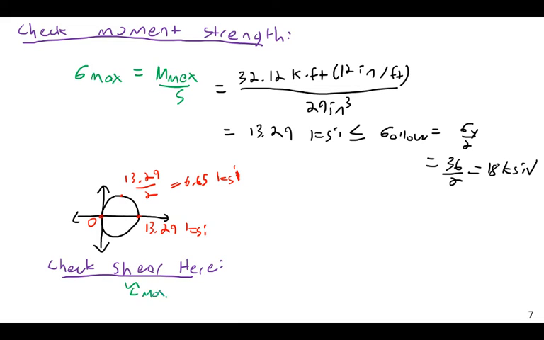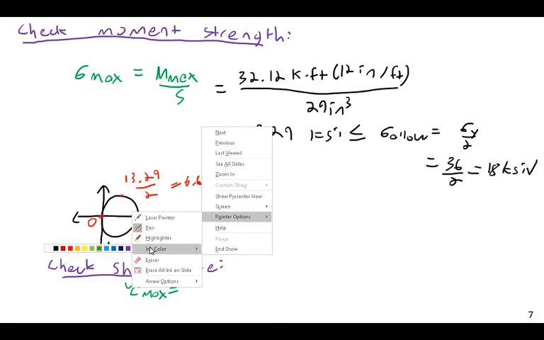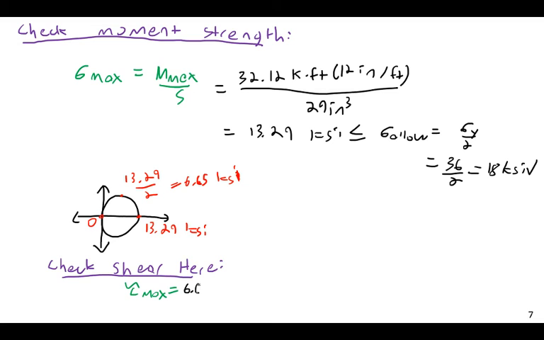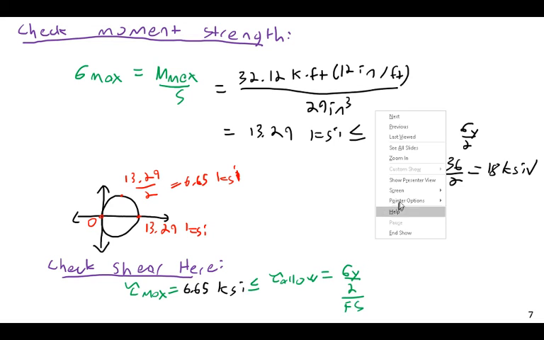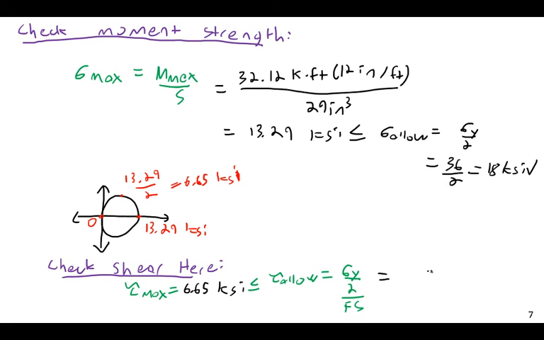Tau max is going to be equal to 6.65 KSI, which must be less than or equal to tau allow, which is sigma y over 2 over the factor of safety, which comes to 36 KSI over 2 over 2.0, which is equal to 9 KSI.